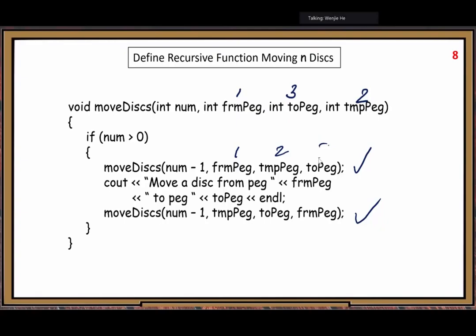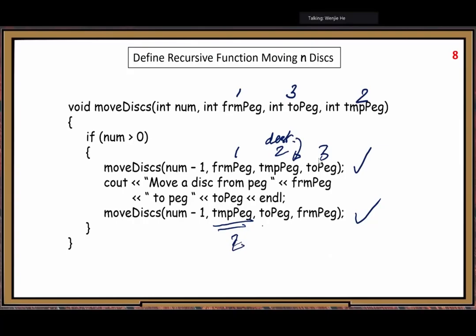All right. This is the destination. In the first recursive function call, you make peg 2 your destination peg. The last one, peg 2 as your starting peg.